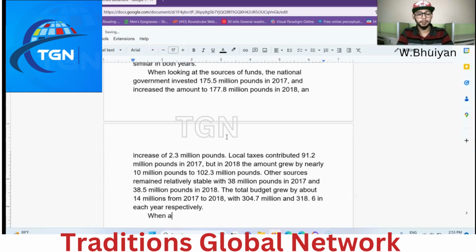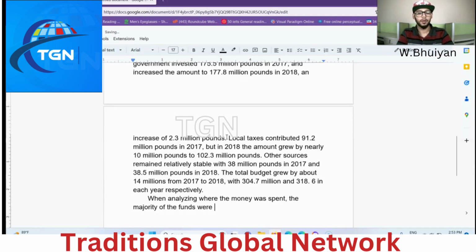When analyzing where the money was spent, the majority of the funds were utilized to pay for salaries, with 75% in 2017 and 69% in 2018.